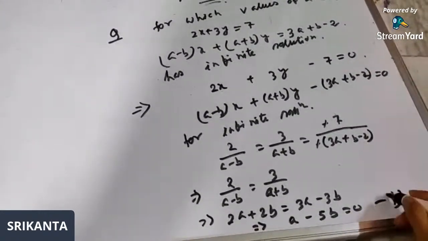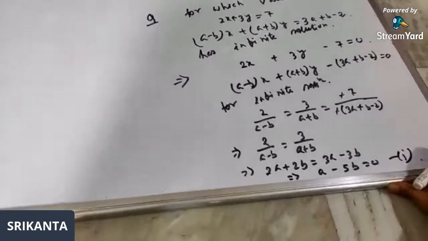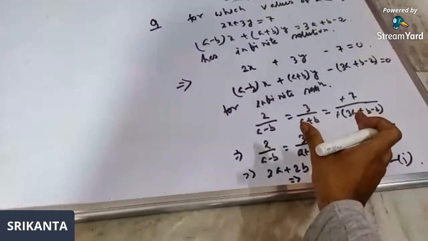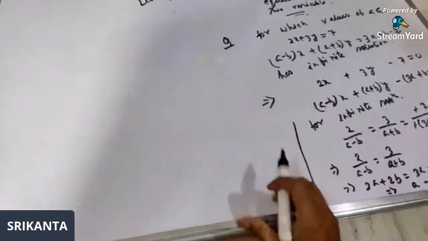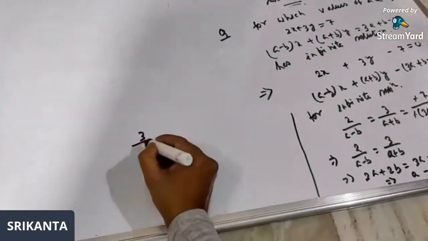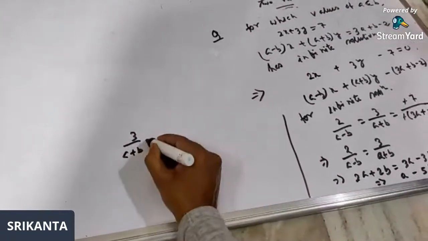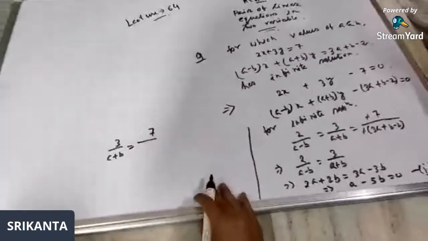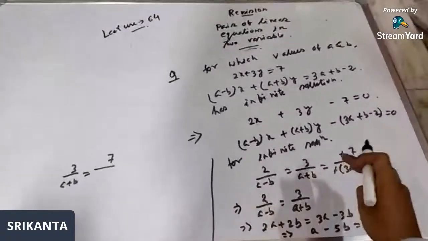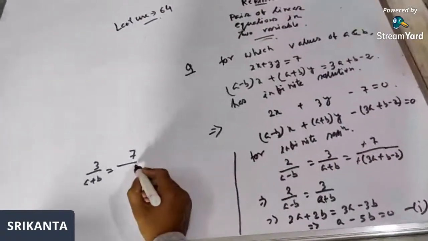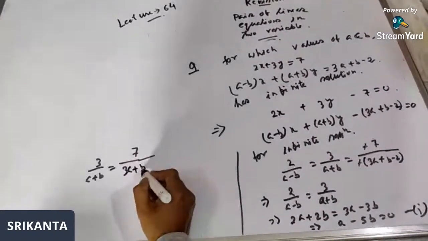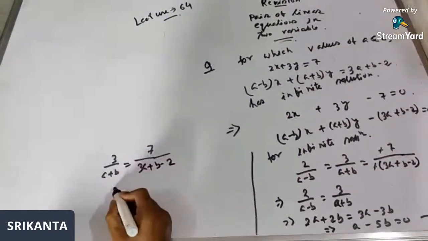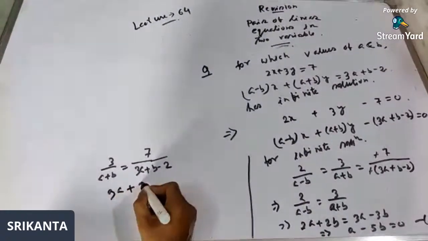That's our equation 1. Again, if you compare these two, again cross multiply.